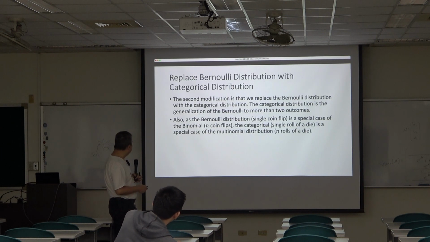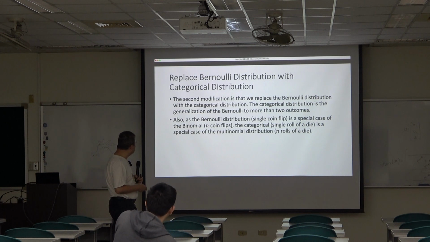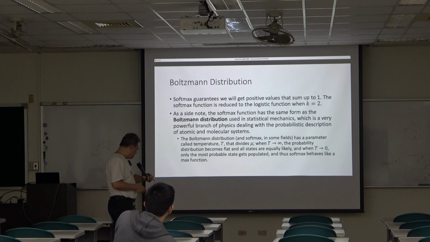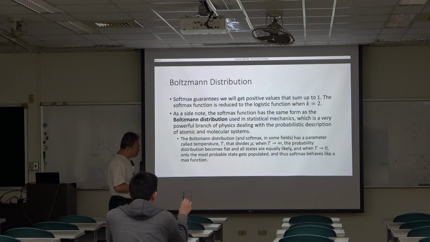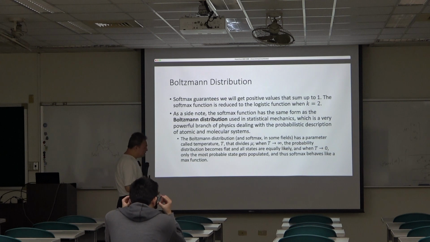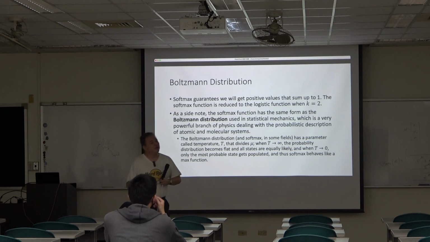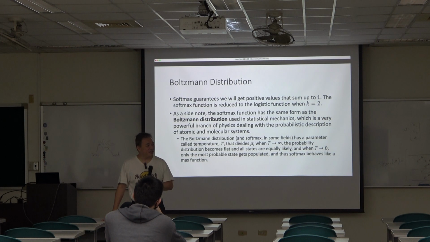So, I think I'm running out of time, because the next one is going to be a concrete example that uses the softmax. The example that we are going to use is still the Iris data set, because the Iris data set actually has 3 classes. We could use it, but I don't think we have enough time today.